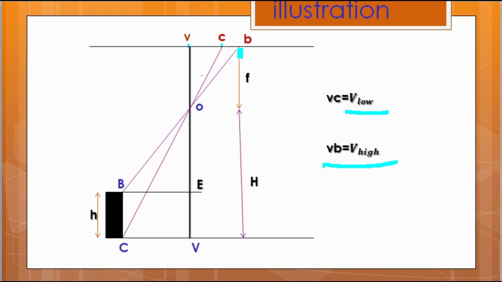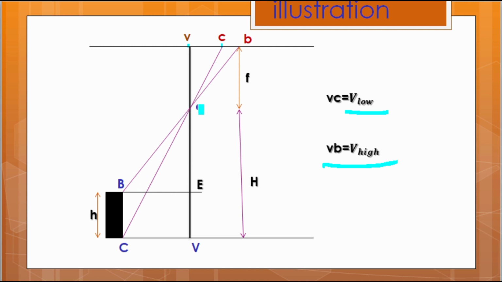Capital B is vertically above capital C, and in the plan the two coincide, but on the photograph the side of the building, represented by small cb, will be observed as well as the roof, and the building will appear to be leaning outwards from the center of the photograph.